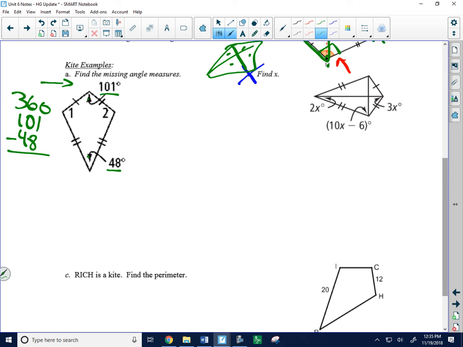Sorry, in a quadrilateral. 360, I subtract off the 101, I subtract off the 48 to find out how much is left. That'll be 149, so I'll be left with 211. The property for kites, this pair of opposite angles is congruent. And so to find angles 1 and 2, I can just divide by 2. 105.5.